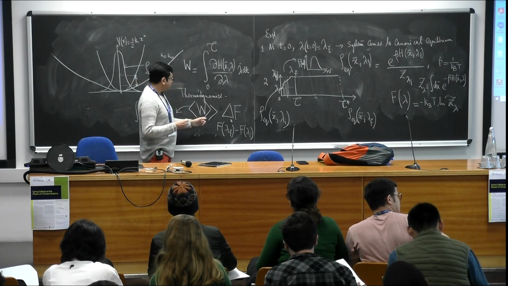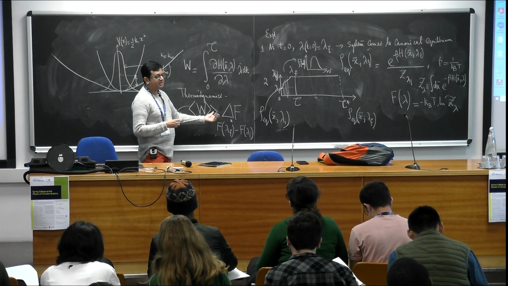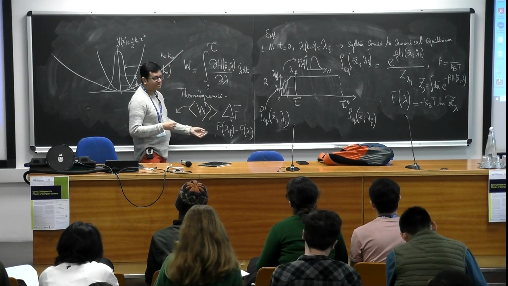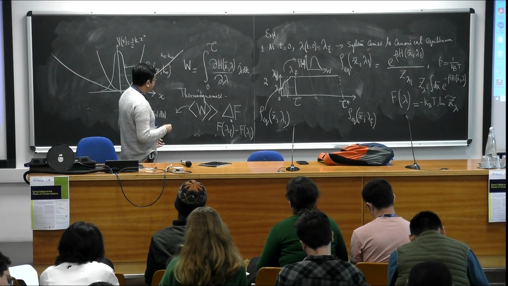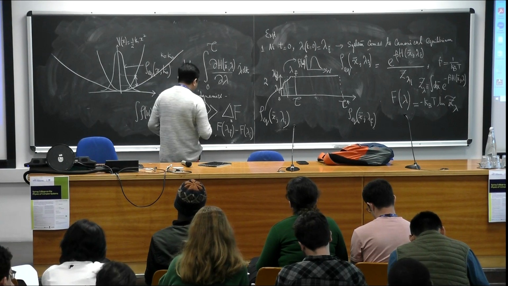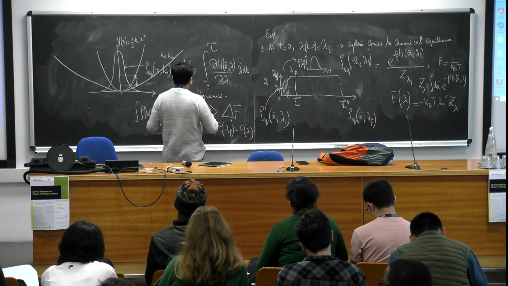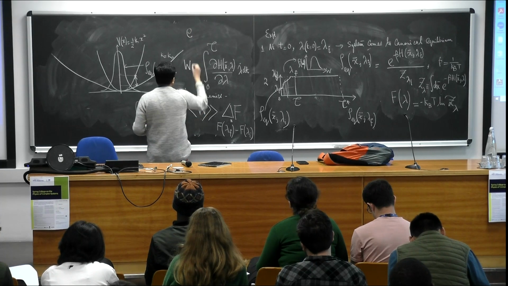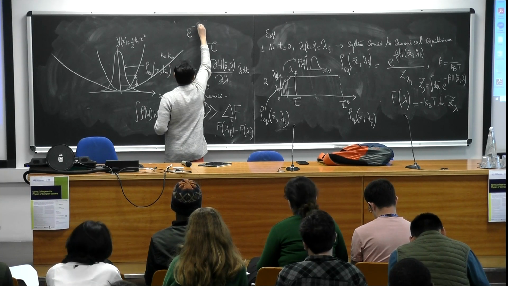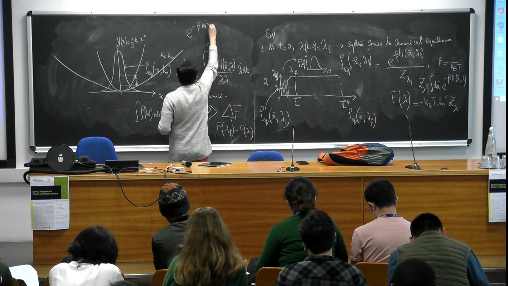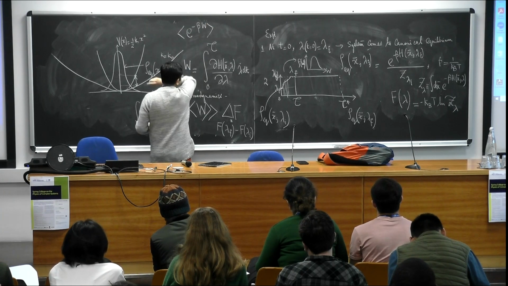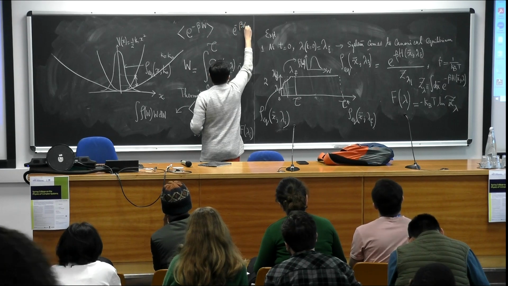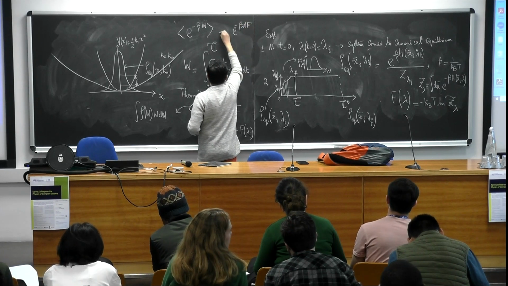But the question is, this is an inequality. Can I turn it into an equality? Because equalities are always good looking and better to deal with. It turns out that although this is an inequality, if I exponentiate both sides, suppose I look at this guy, and also I exponentiate this guy, this becomes an equality.